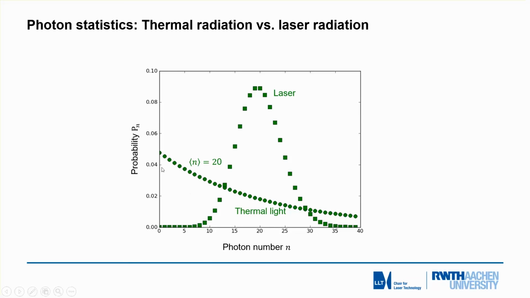It's not a big difference if we repeat the measurement. However, if we repeat the measurement with laser photons, we will very likely always measure the average value, and that is the consequence of this extremely sorted and organized stimulated emission process leading to a very constant intensity emission of radiation.